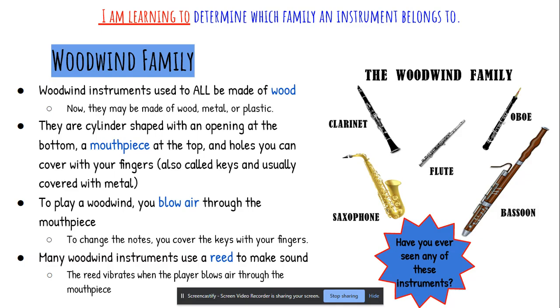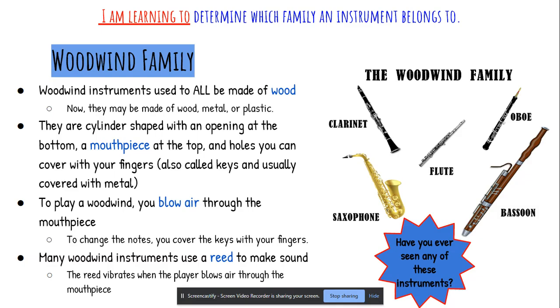So the clarinet has something that is called a reed, which is used to make sound. The reed vibrates when the player blows air through the mouthpiece. So that's how it gets its sound. So the saxophone and the clarinet and the oboe and the bassoon all need reeds to produce their sound.